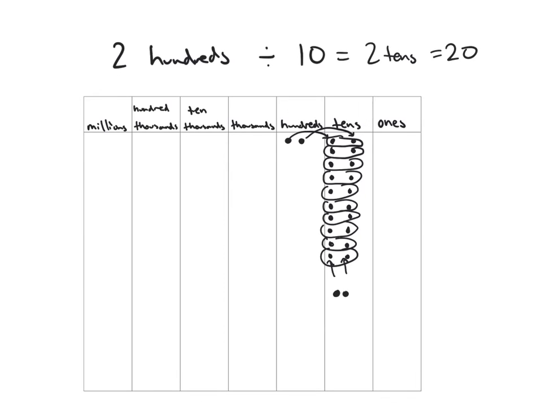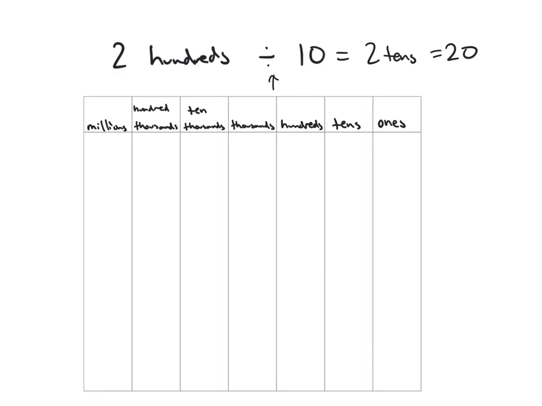So just like in multiplication, we could see that when we're dividing by 10, these two discs simply become two discs in the place value to the right this time. So when we're dividing, we're shifting down a place value, but the number of discs stayed the same. And we can show this relationship just like before with digits. I can put the digit of 2 in the hundreds place to represent my 200.